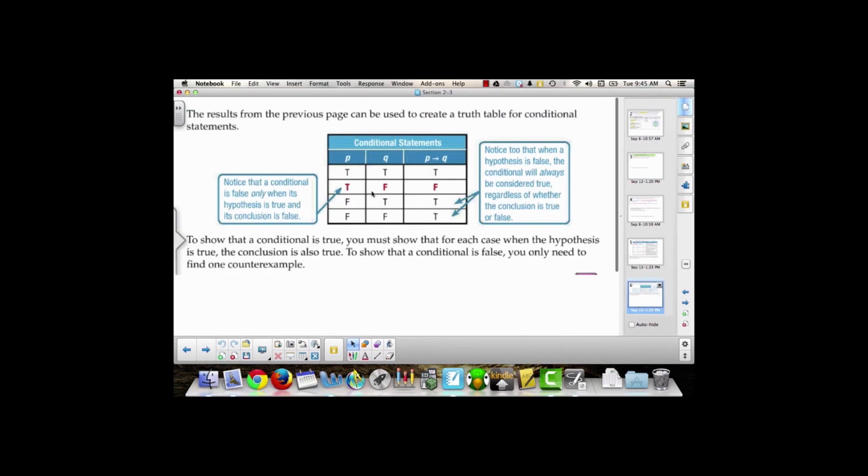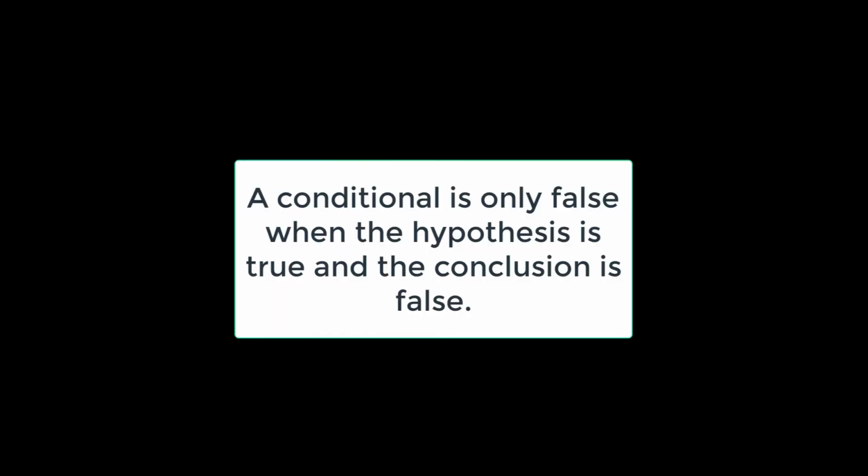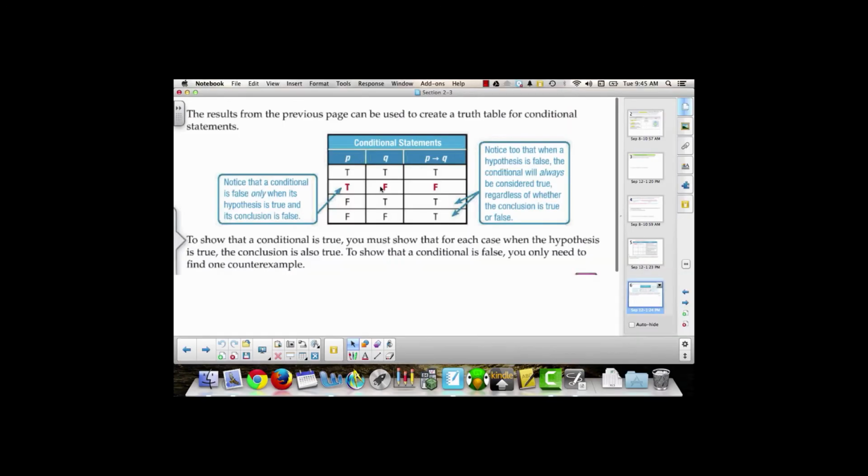Notice this truth table here. A conditional is only false in this truth table when the hypothesis is true but the conclusion is false. Remember, that is a counterexample, and a counterexample makes a statement false. None of these other examples are counterexamples, and therefore the statement is true.